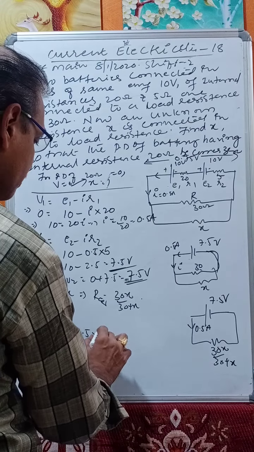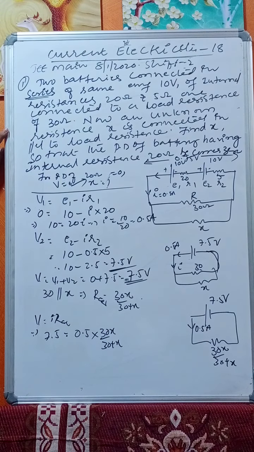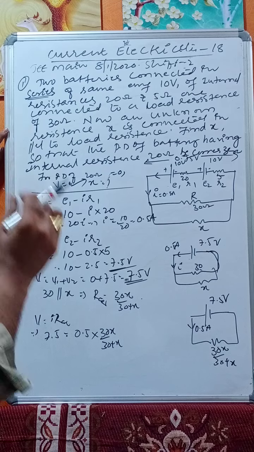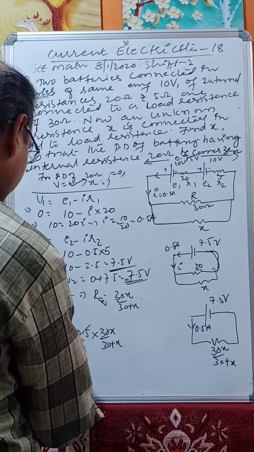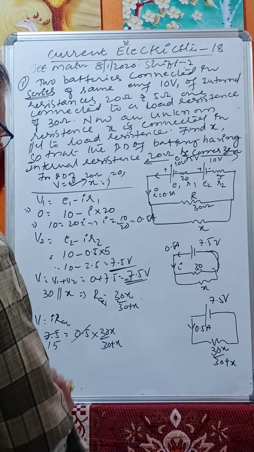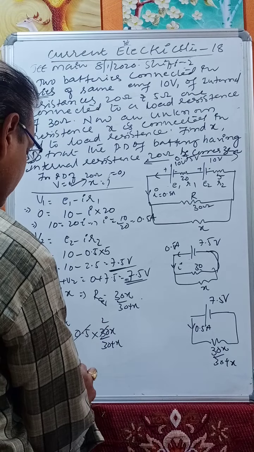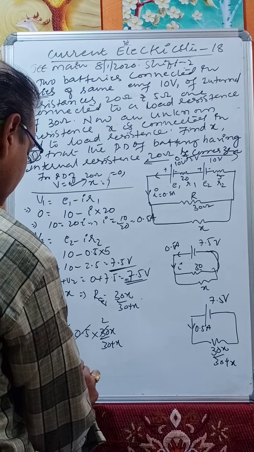R equivalent is equal to 30X by 30 plus X. Now 0.5 times 15 gives 7.5, so 2X is equal to 30 plus X. This implies X is equal to 30 ohms. X is equal to 30 ohms.